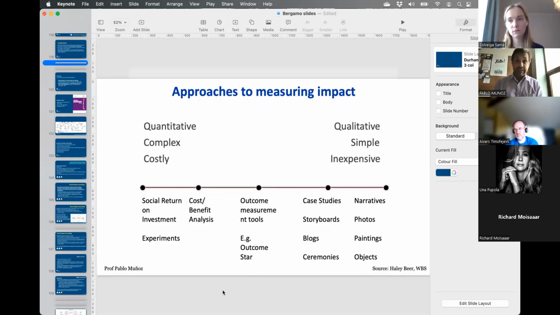And then you can tell stories. You can use images, you can use storytelling. There are many tools: narratives, painting, objects, what people achieve as a result of the intervention. By themselves, they don't give you the full picture either. If you show one story, your reaction is, well, yeah, but that's one story; we're talking about 1,000 people.